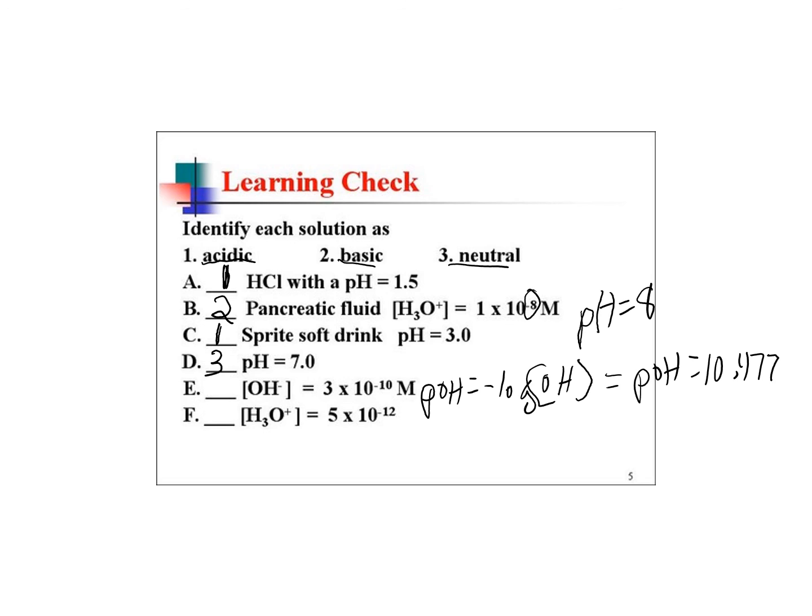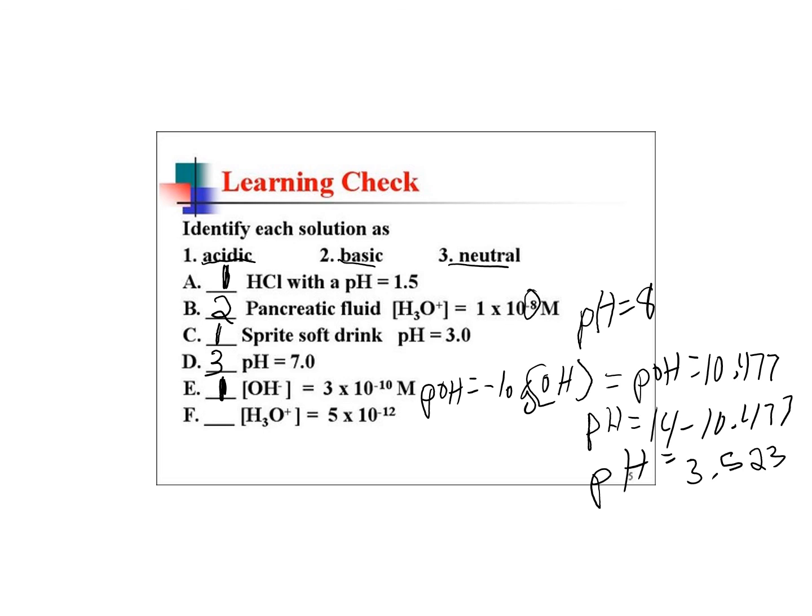We could solve for pH. pH is going to be equal to 14 minus 10.477, and our pH is equal to 3.523. So again, our pH is less than 7, so we have an acid.